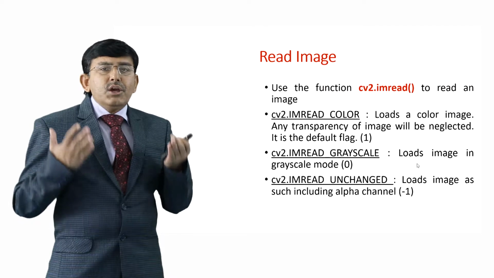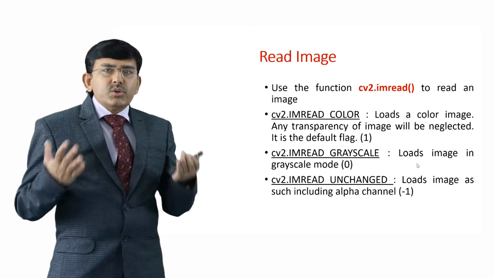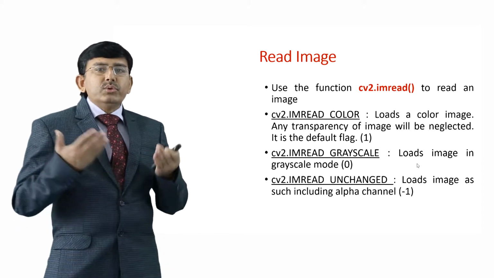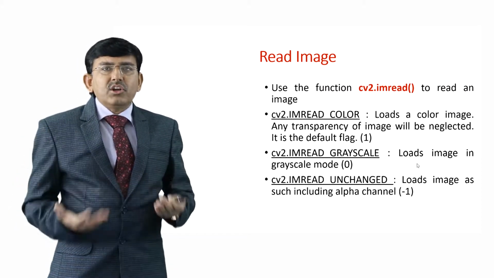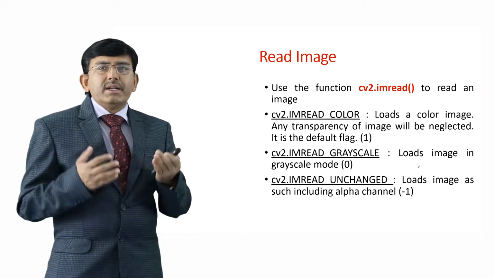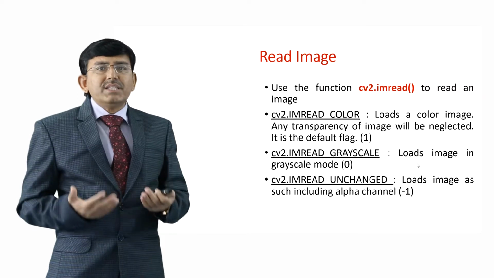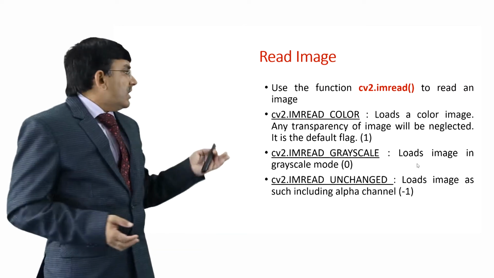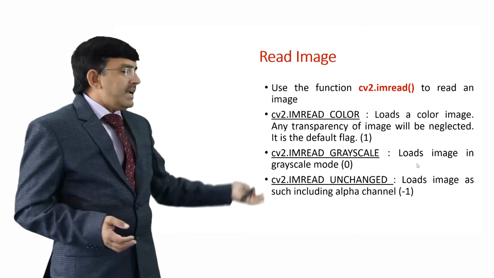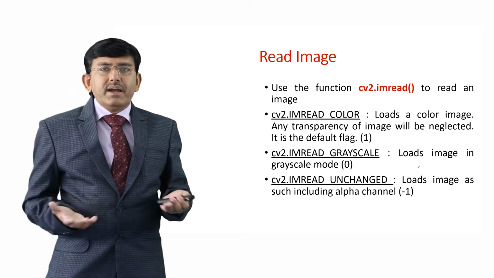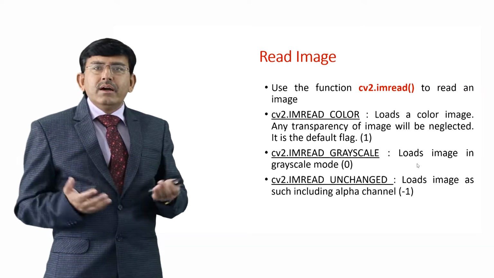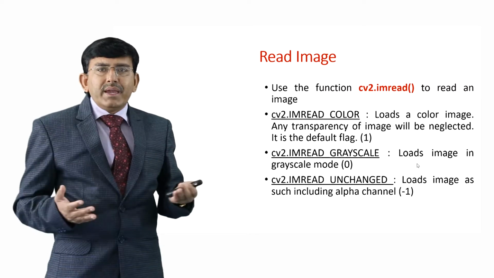Let us start with the simplest example, which is widely required: how to read an image in Python. Use the function cv2.imread to read an image from a storage device. Using this function, we can retrieve the image which is present on a permanent storage device. cv2.IMREAD_COLOR is used to load a color image.